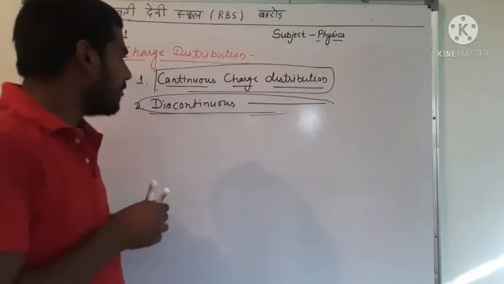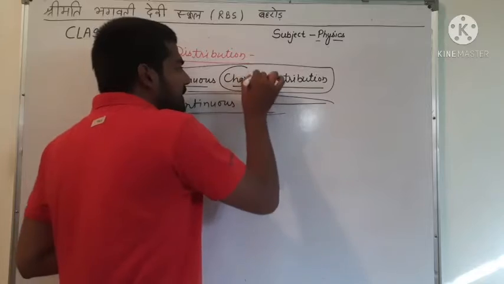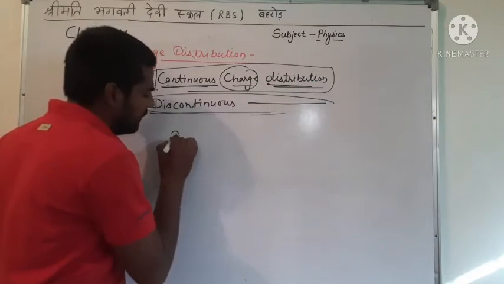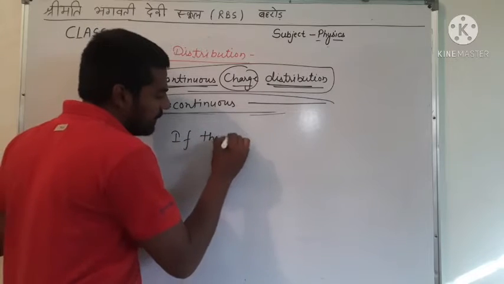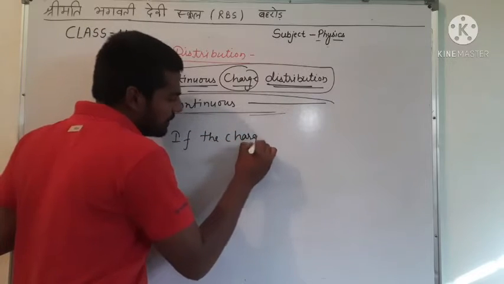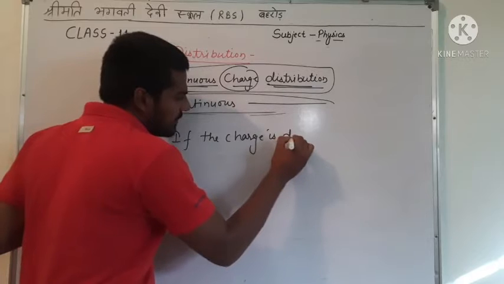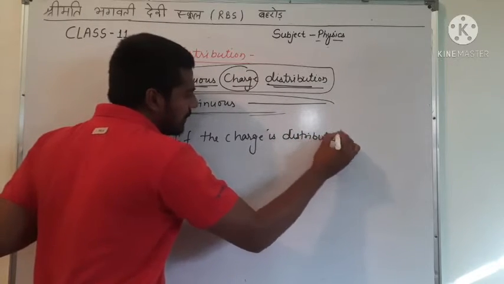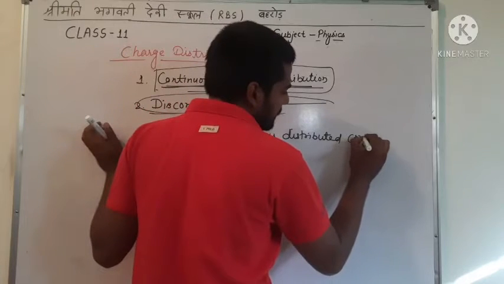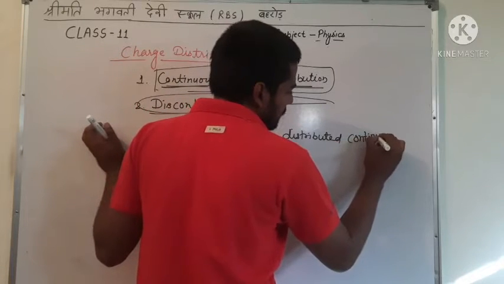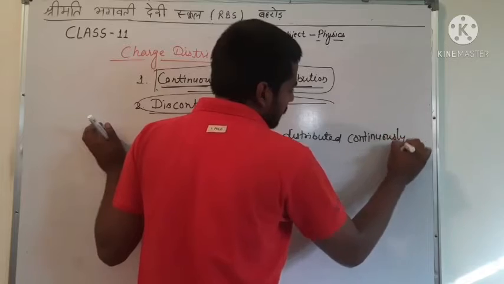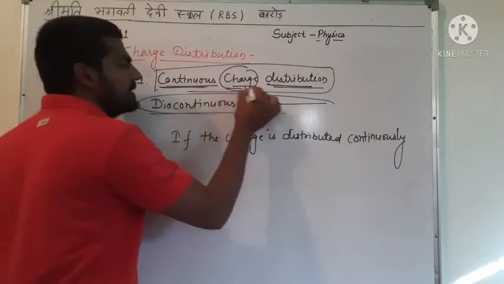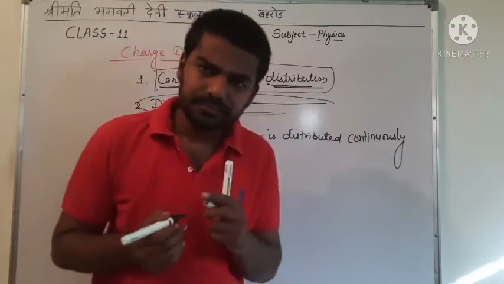If the charge is distributed continuously, then it is called continuous charge distribution.